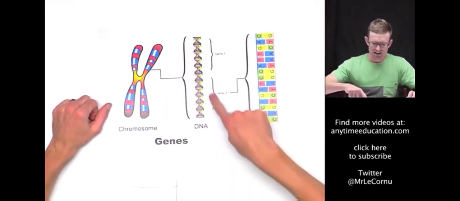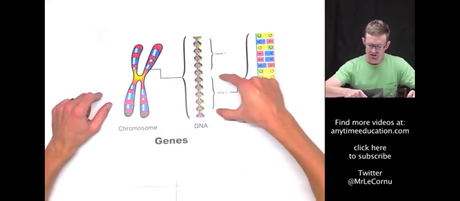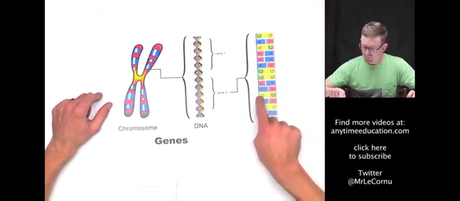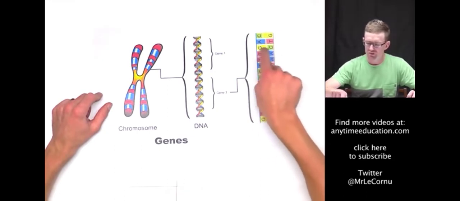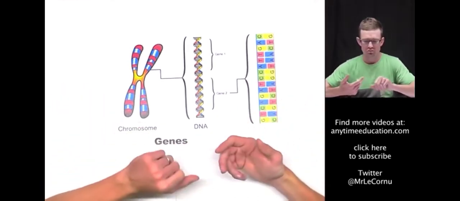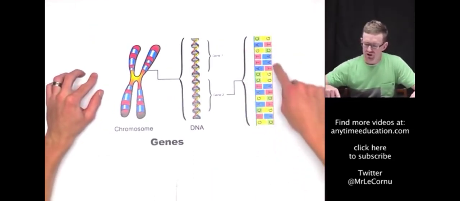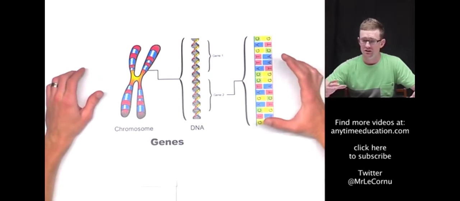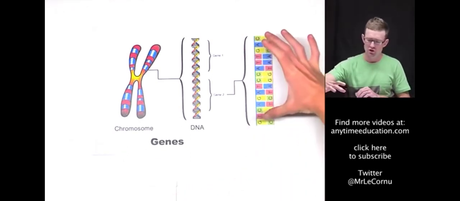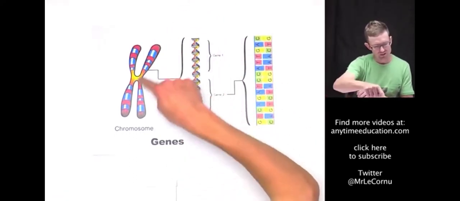So here, DNA is making up this chromosome, and sections of that DNA are called genes, and the genes are made up of these base pair repeats, and those base repeats are the code that is going to direct the manufacture of polypeptides or RNA molecules. Again, this here is only a short section of a gene, because in reality, genes are hundreds of base pairs long, but this is just a good way of showing you where a gene fits into this DNA molecule and where this DNA molecule fits into this chromosome.